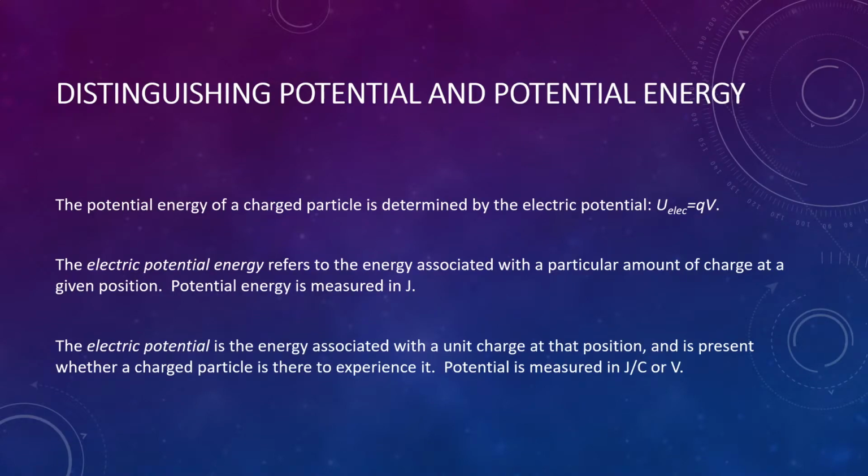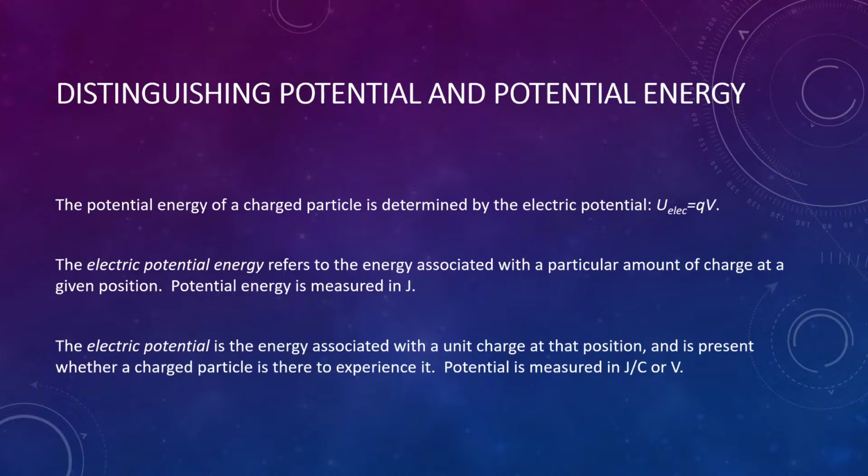We introduced the concept of potential and potential energy in our previous lecture, so let's summarize that material here. There is an equation that relates the two, and they sound so similar that they are, of course, related. The potential energy, which we denote U_elec, is equal to the charge Q times the potential V. So the equation is U equals QV.